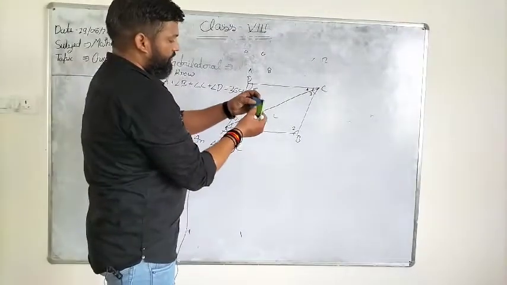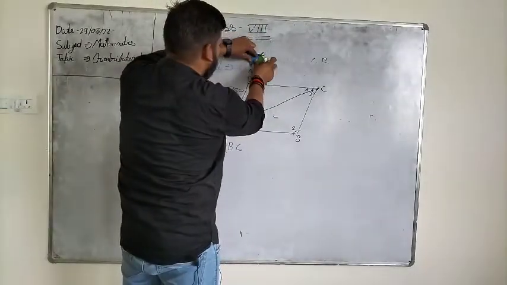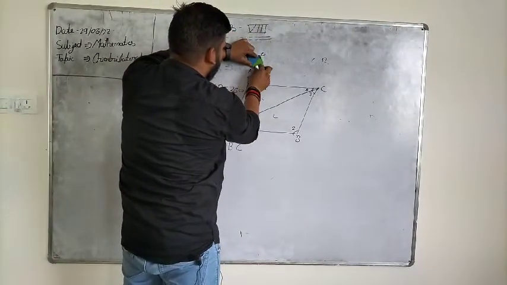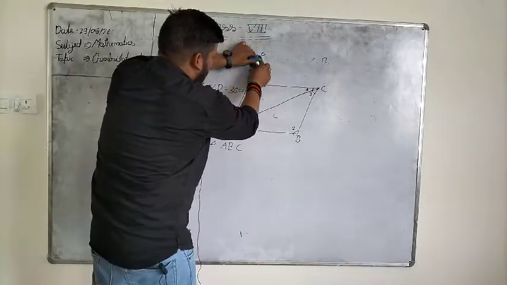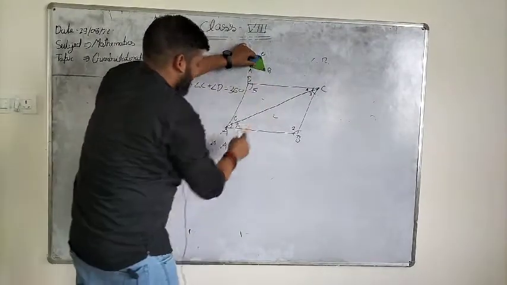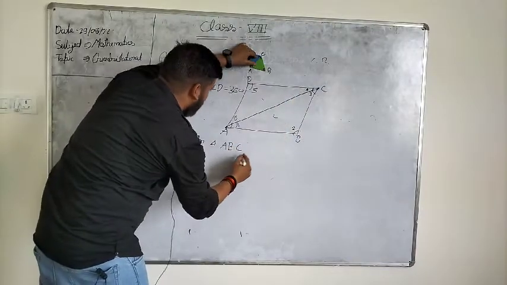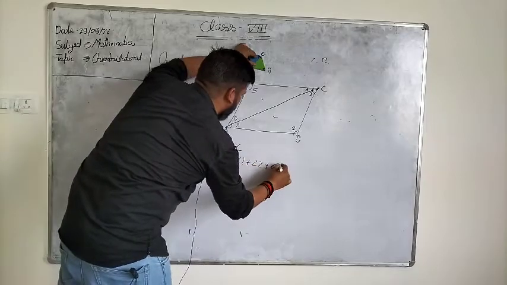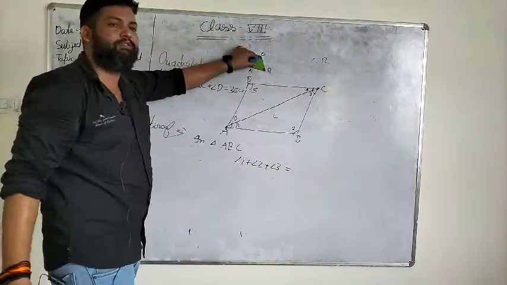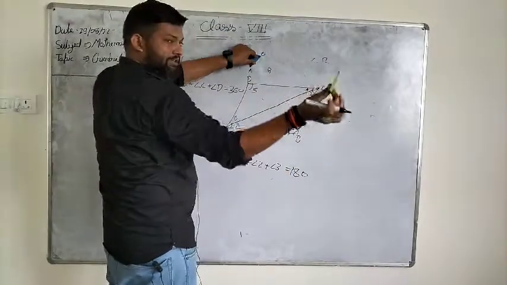So first of all, this is ABCD. In this triangle ABC, we can write angle 1 plus angle 2 plus angle 3 is equal to what? 180 degrees. This is right.